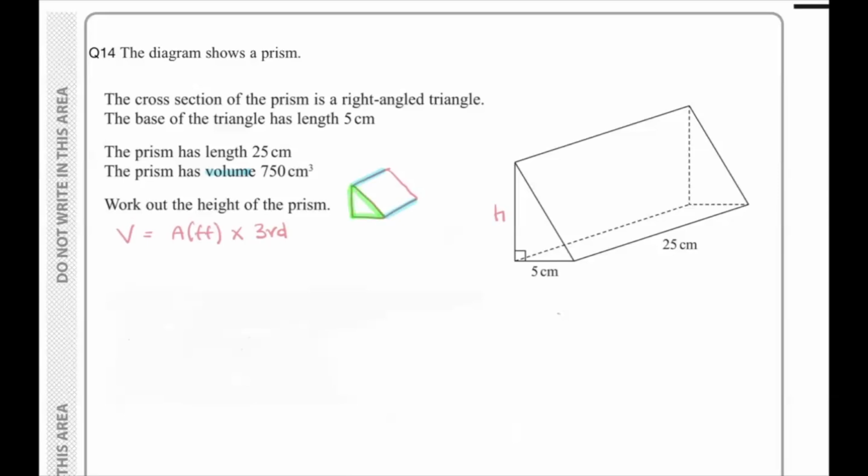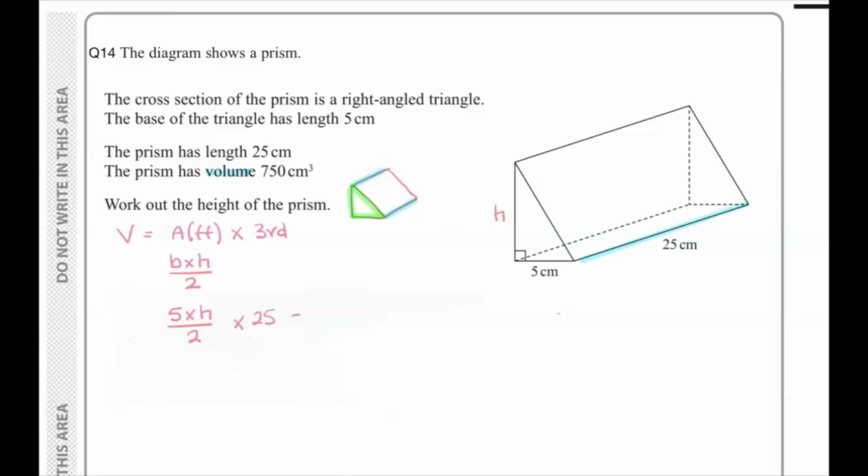We know the front face is a triangle. We know that triangles are base times height divided by 2. That's how we find the area. We know the base is 5. We don't have the height, but we know that it was divided by 2. Then it was times by the third length, which is obviously this one here, 25.